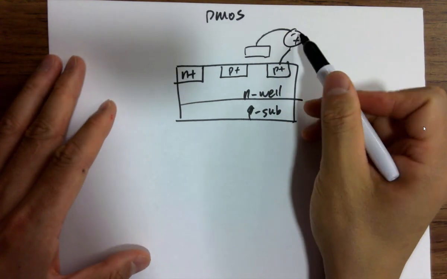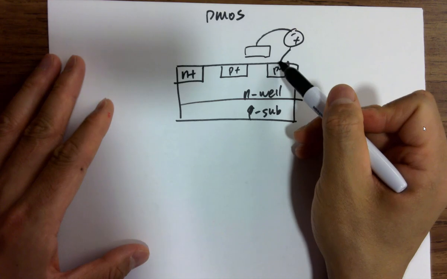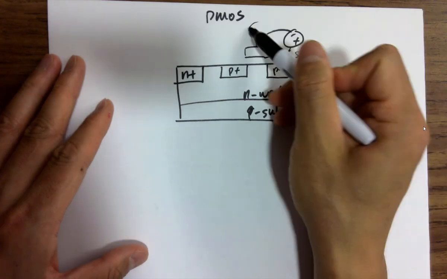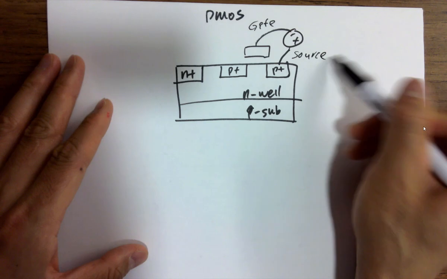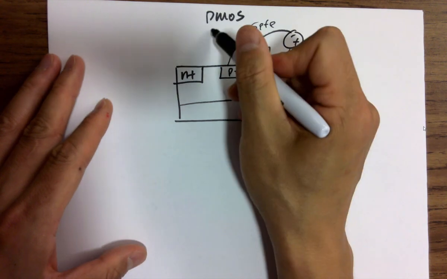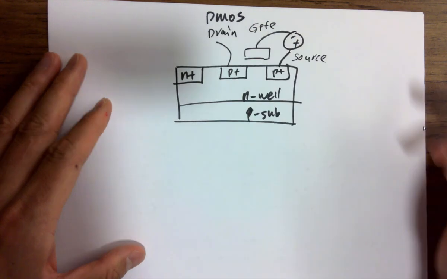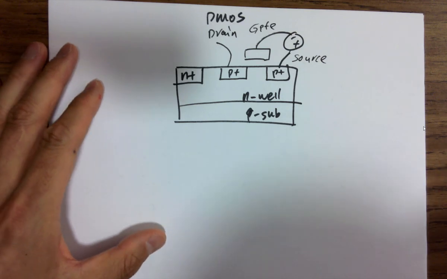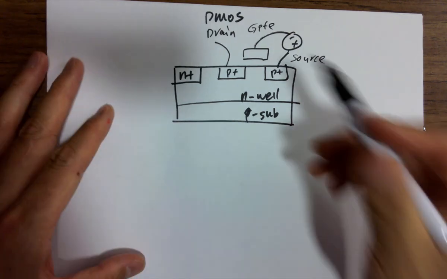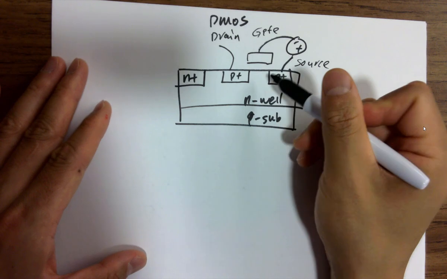So you add a negative voltage between the source and gate, and it's going to attract the holes from the N type.